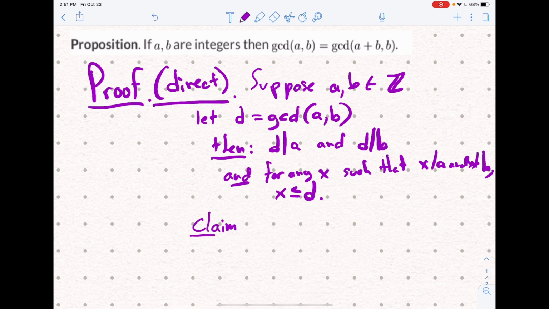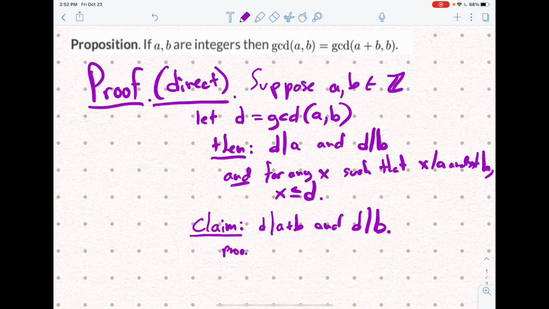You don't have to do this, it's just useful. First, I'm going to show that D is a common divisor of these two numbers. And then I'm going to show that it's bigger or equal to any other common divisor of those two numbers. So I claim that D divides A plus B and D divides B. That's like saying it's a common divisor of these two numbers.